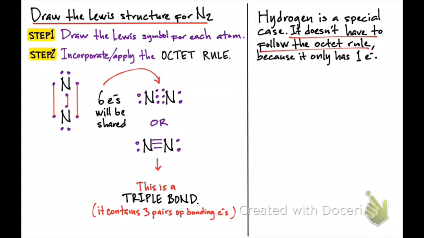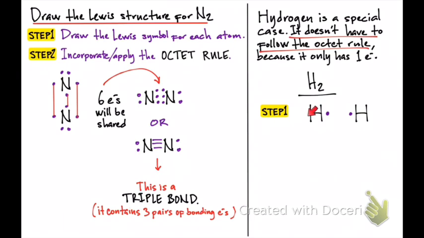But as long as it becomes isoelectronic with a noble gas, then it's considered stable. And so hydrogen gas, H2, becomes isoelectronic with helium. And helium contains 2 electrons. And so for hydrogen gas, H2 here, we can follow the same 2 steps. You draw the Lewis dot symbol for each atom.